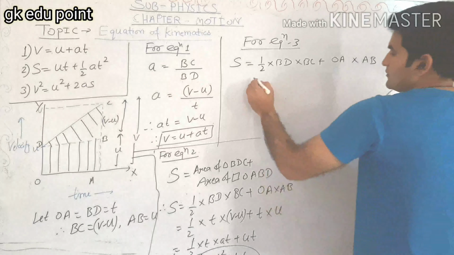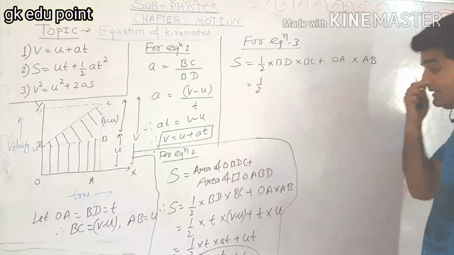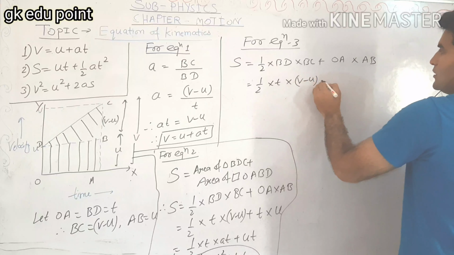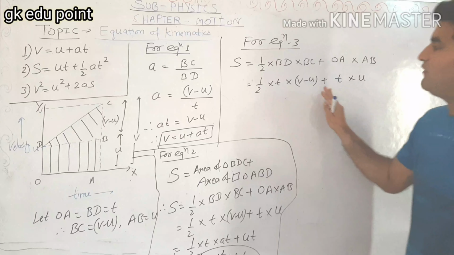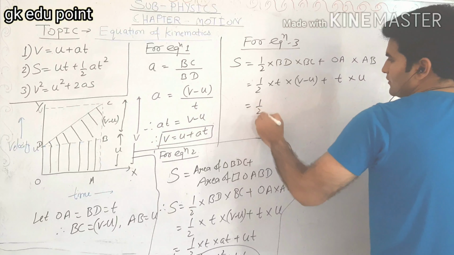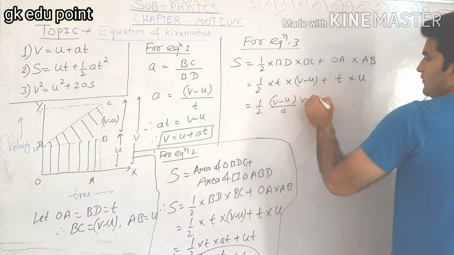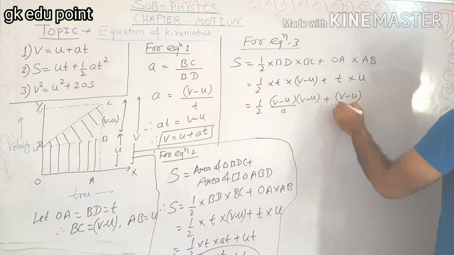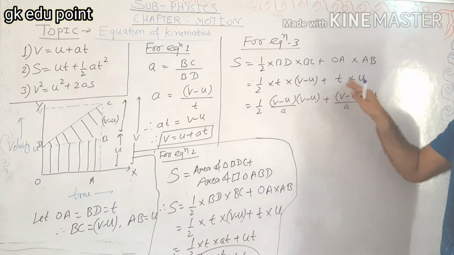So half, BD as usual is t, BC represents v minus u, plus OA represents t, and AB represents u. Now we can put the value of t from equation number 1. So the value of t will be v minus u over a, and here we get v minus u plus v minus u over a into u. We have put the value of t in both parts.